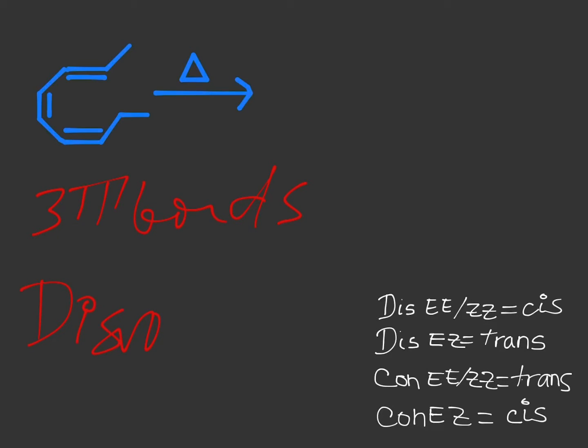in a disrotatory manner. We look at our molecule, and first we can see that we have symmetric lateral p orbitals, and we move disrotatory. But to find the configuration of the closed molecule, we look at our table, and we said it is disrotatory.